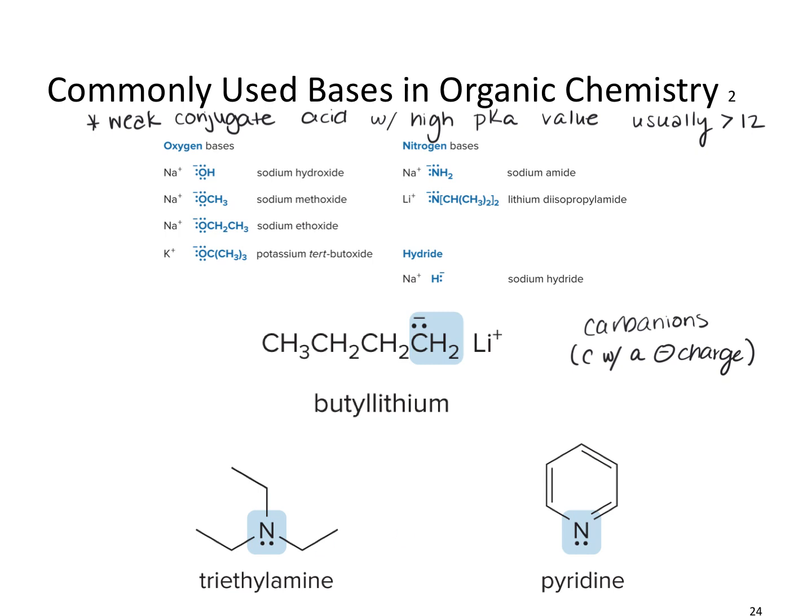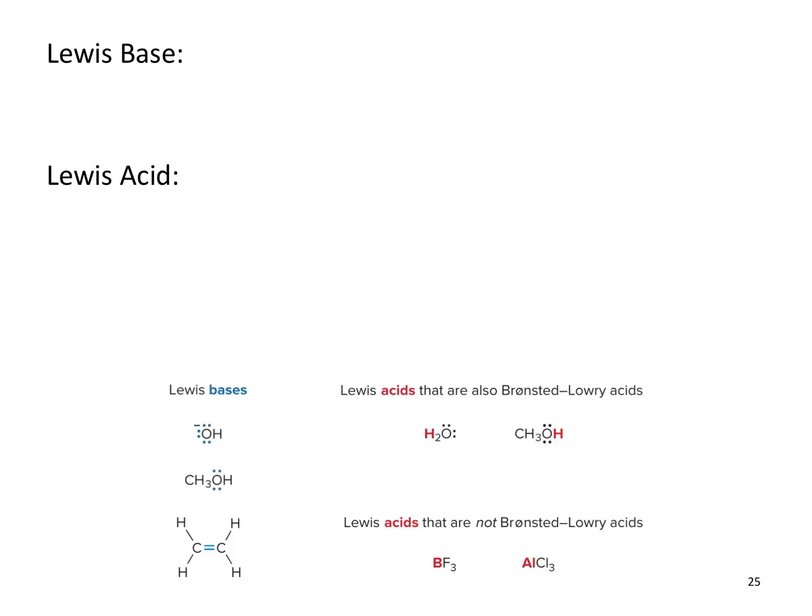All right, the last thing we're going to talk about in this chapter are Lewis acids and bases. A Lewis base is an electron pair donor. And a Lewis acid is an electron pair acceptor.